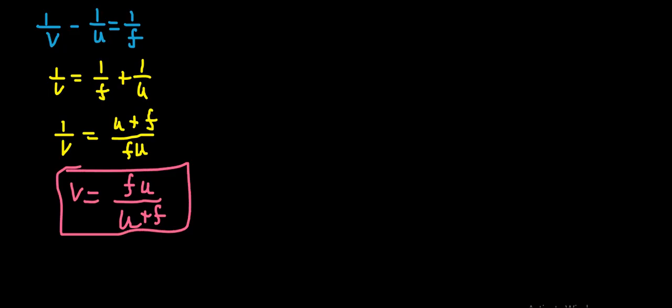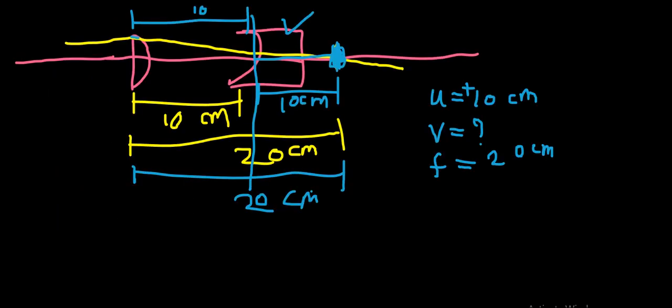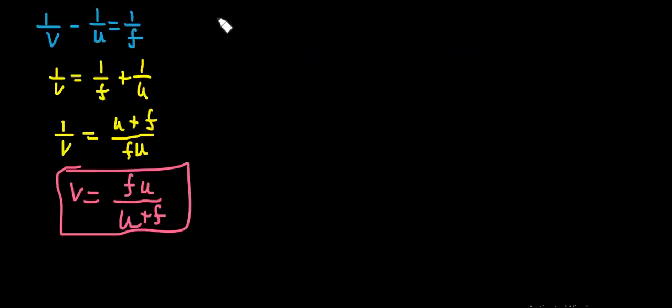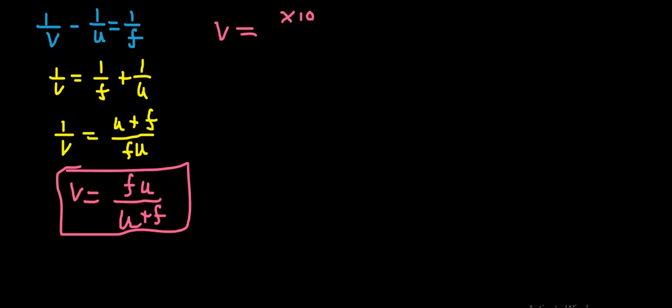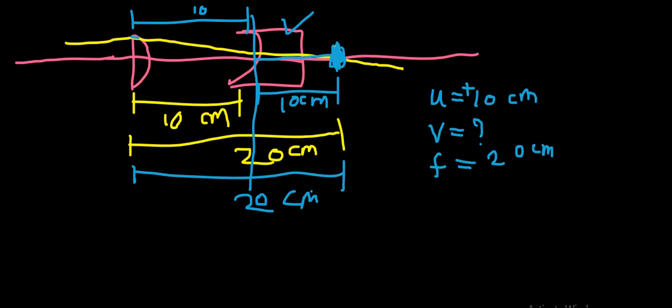Now by substituting the values, u is equal to plus 10, so v is equal to plus 10 multiplied by the focal length. We have already calculated the focal length of both the lenses, 20 centimeter, on the first page itself, so I will move to the first page to show you that.